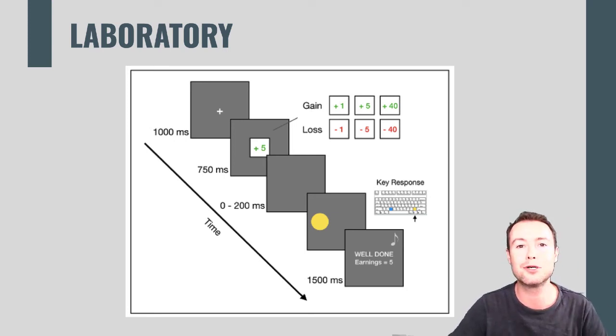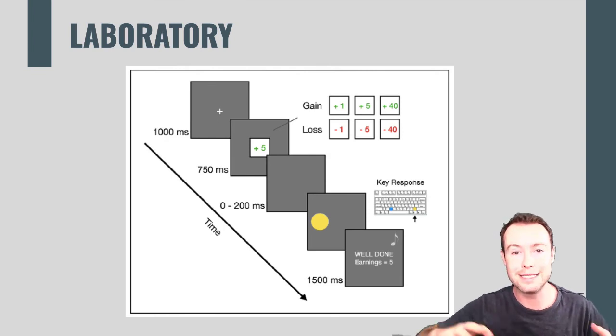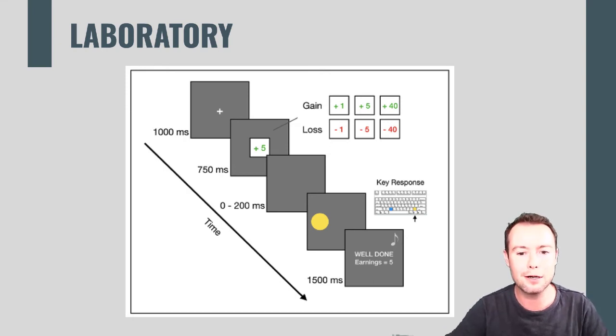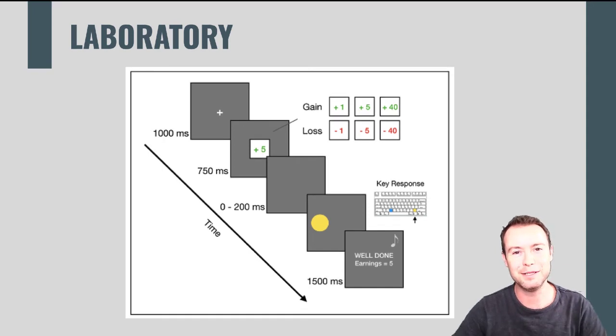So we want as many trials as possible to be confident that if we end up finding differences in reaction times across different conditions, these are not down to just random fluctuations in trial by trial performance, but that they're actually reflecting genuine differences across the conditions. So the more trials that we can get somebody to perform, the more confident we can be in their average reaction time.